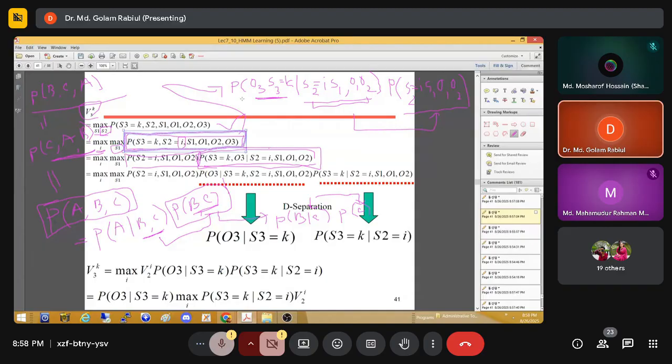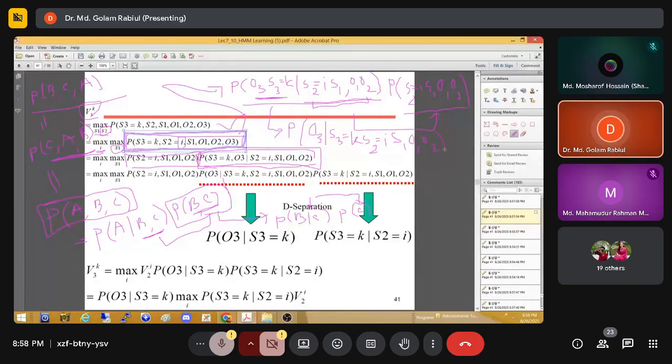Like this probability, we can rewrite as probability of observation 3 given S3 equal K and S2 equal I, S1, observation 1 and observation 2.